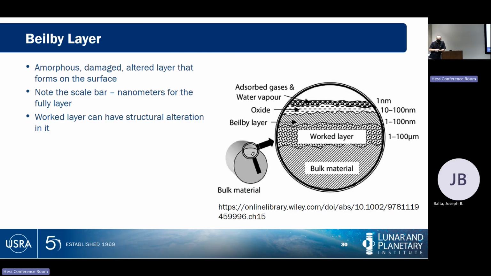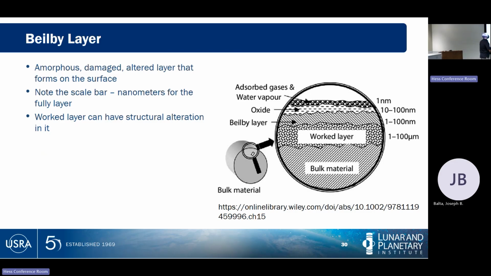If I'm grinding this, even under water, even under liquid nitrogen, the friction of grinding two things together creates heat and creates distortion, and creates the opportunity for chemical reactions to happen. So if I'm polishing a sample, there will be a nanometer to micrometer thick layer of damage at the surface called a Beilby layer.